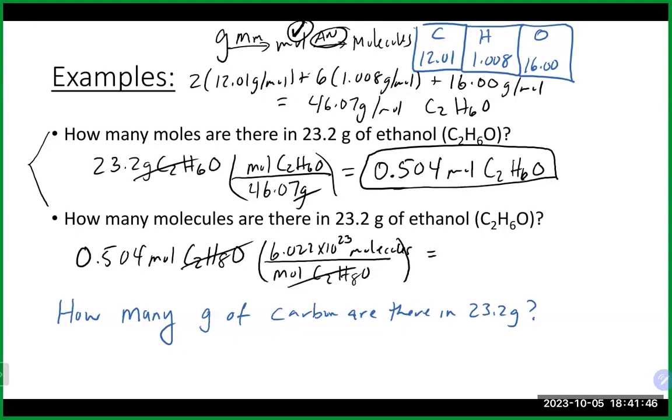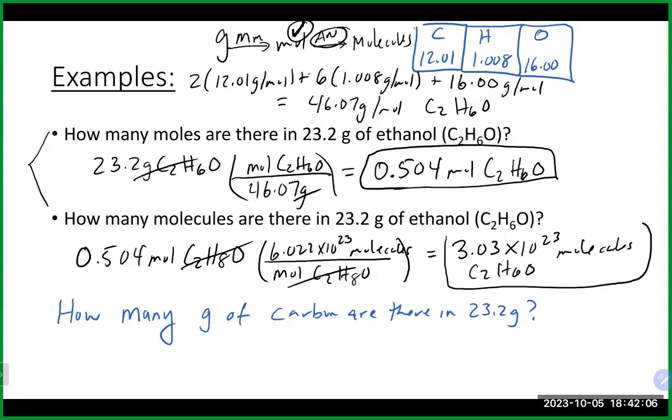And again, I'm using the whole number, not the rounded number, 6.022 times 10 to the 23. And that gives us roughly here 3.03 times 10 to the 23 molecules of C2H6O. Any question on either of those calculations there?